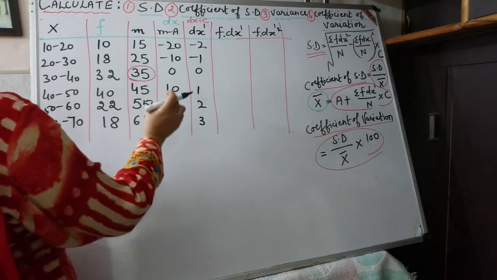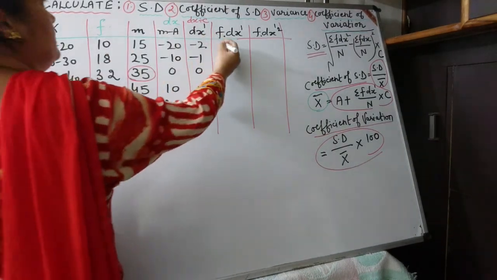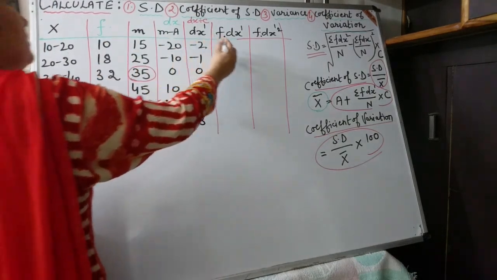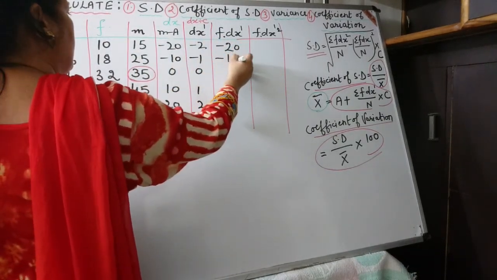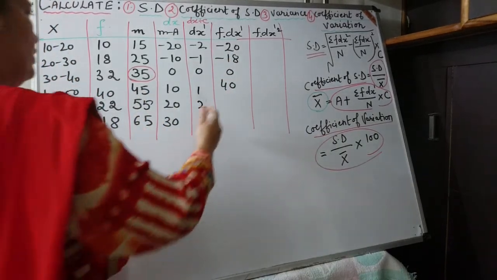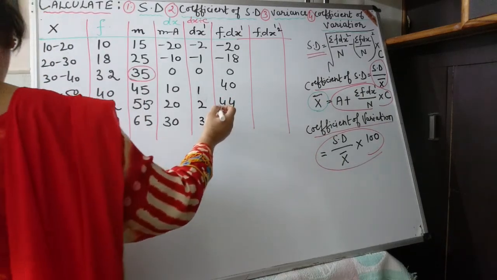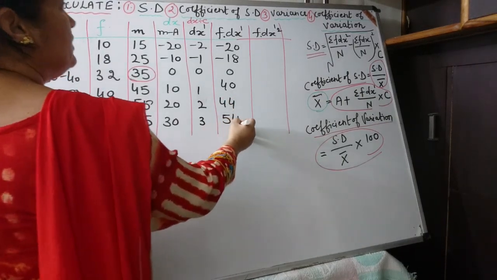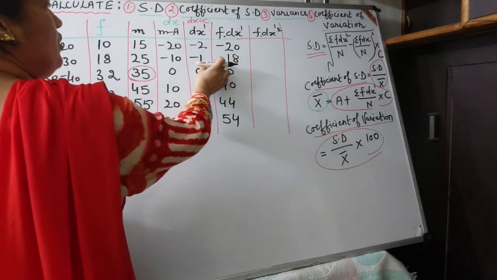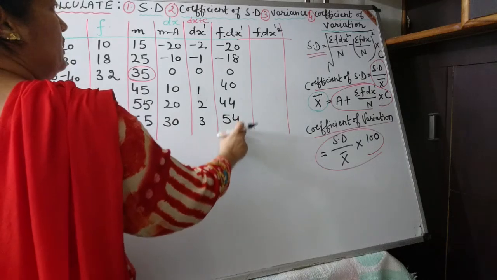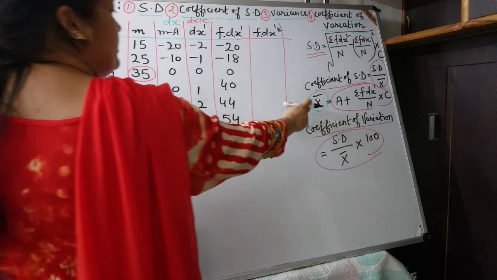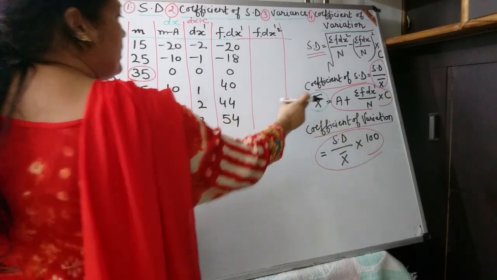So frequency times dx dash, the calculations will be minus 20, because 10 multiplied by minus 2 is minus 20, minus 18, 0, 40, then 44, then 54. These calculations are sufficient for the calculation of the values of arithmetic mean.